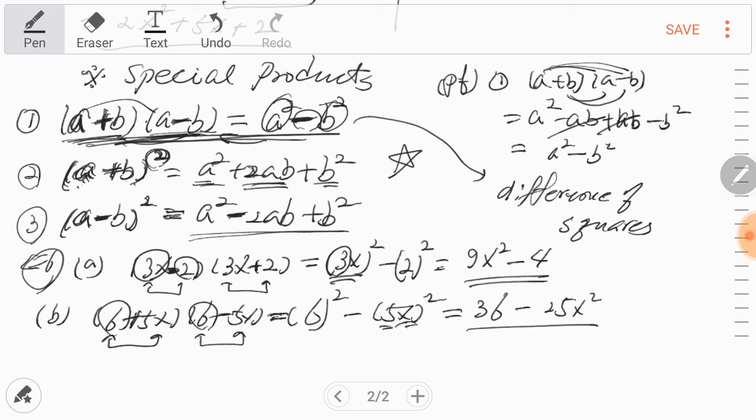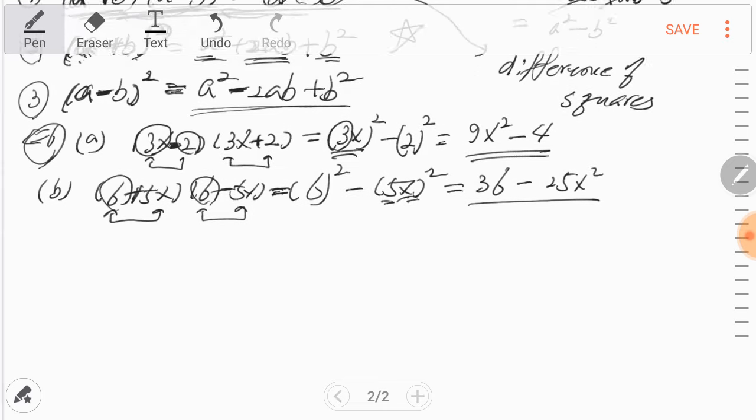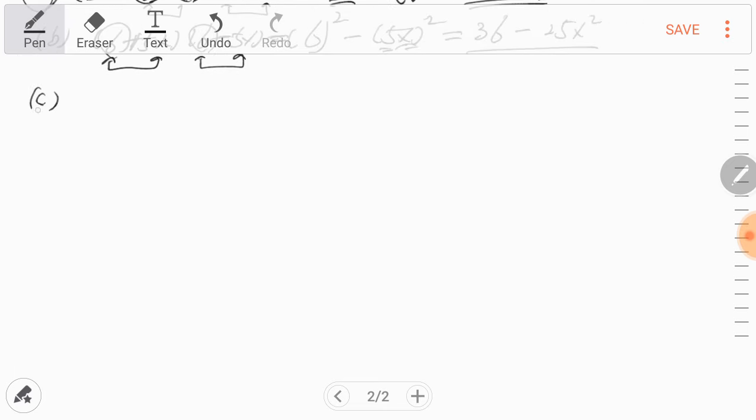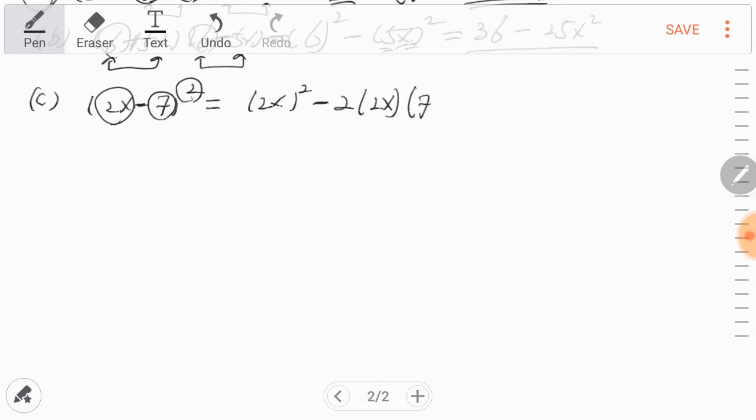Okay, let's try the next one: 2x minus 7 squared. The binomial 2x minus 7 is multiplied twice. Then the formula is: square the first term, this is minus, so minus 2 times the first term and the second term, 2x times 7, and then plus the square of the second term.